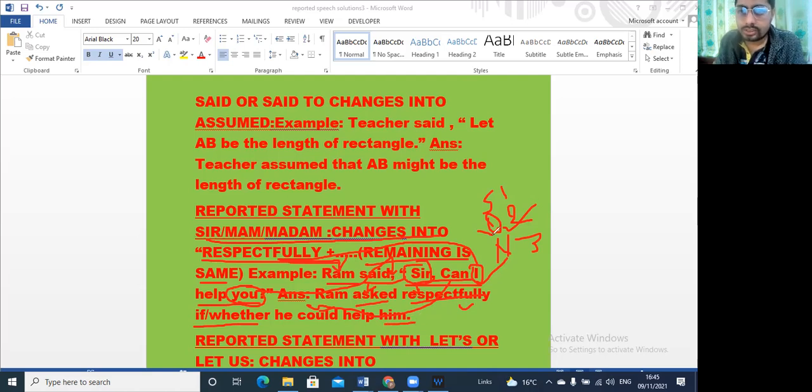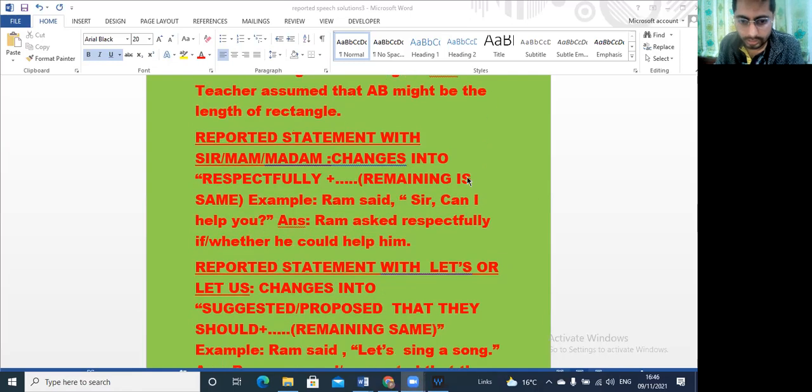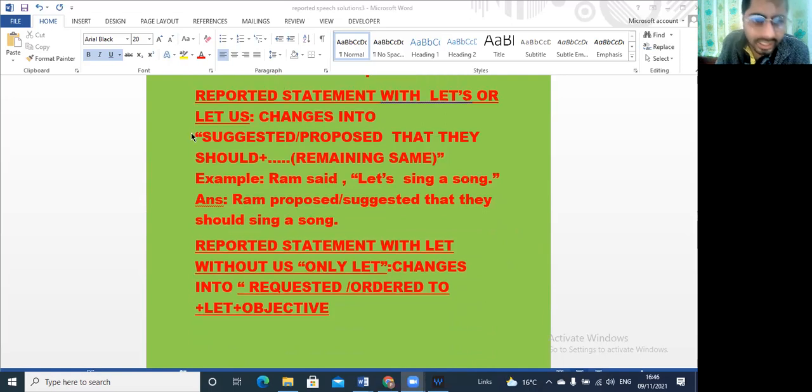Okay, so let's move downside and let me clear out my rough work over here. Now, another kind of reported statement is with let's or let us. Let's is the short form of let us.